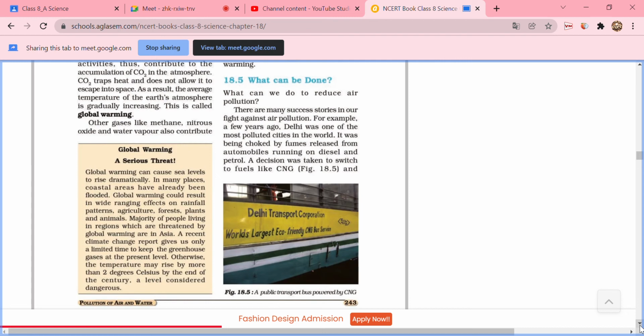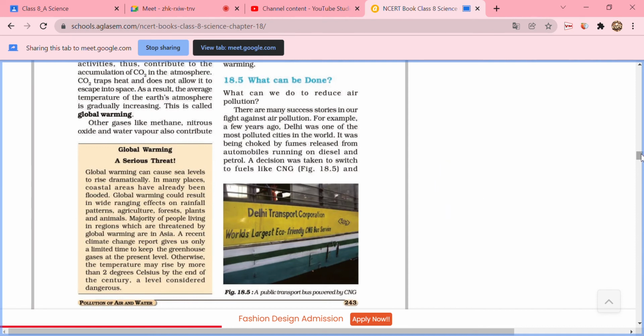Rainfall pattern, agriculture, forest, plants, and animals. Majority of people living in regions which are threatened by global warming are in Asia. A recent climate change report gave us only a limited time to keep the greenhouse gases at the present level. Otherwise, the temperature may rise by more than 2 degrees Celsius by the end of the century, a level considered dangerous.